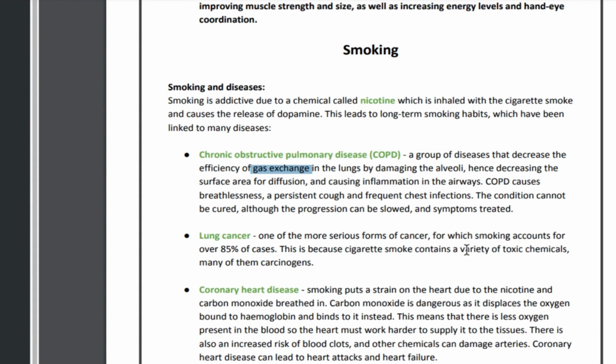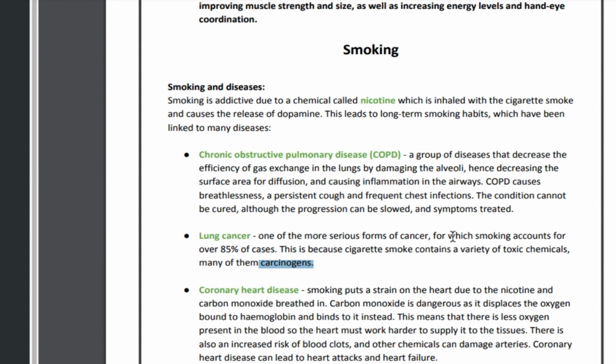However, 85% of lung cancer is caused by smoking cigarettes. So you can see this is not a funny thing. This is because cigarette smoke contains a variety of toxic chemicals, and many of these chemicals are carcinogens. These chemicals are toxic to the system and they begin to affect your lungs, thereby causing cancer.